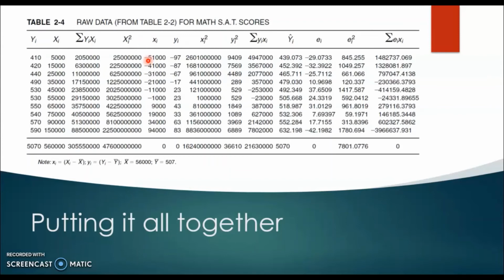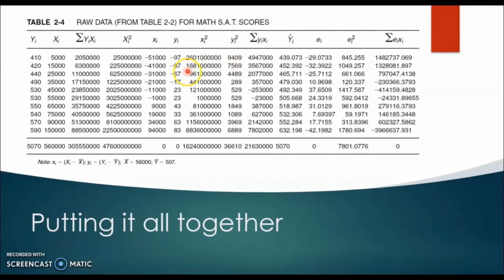For example, the squared value of negative 51,000 is equal to 2,601,000,000. Or you can also multiply negative 51,000 with negative 51,000 to obtain the exact same value.